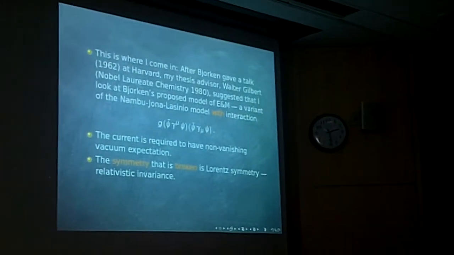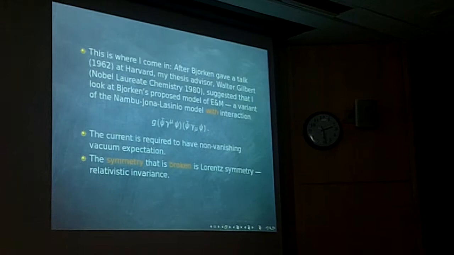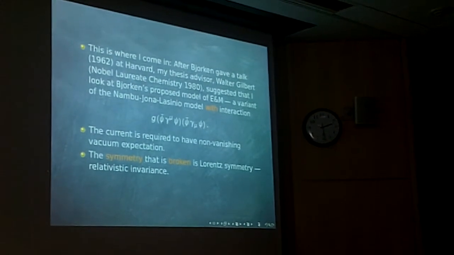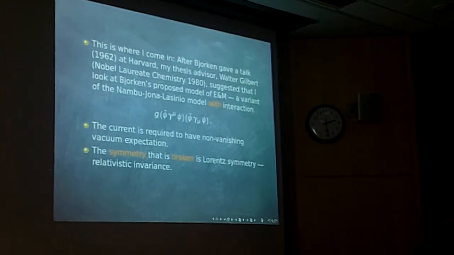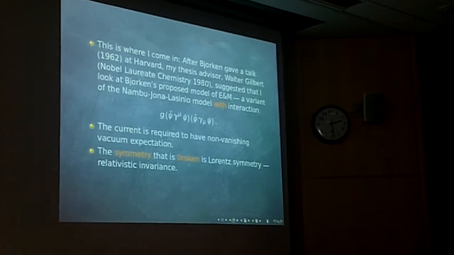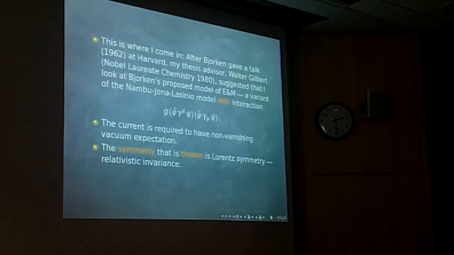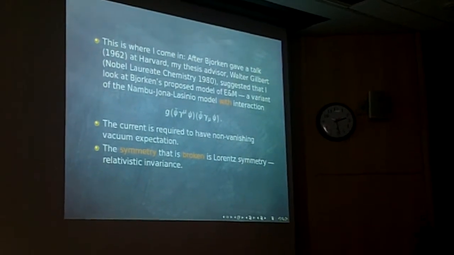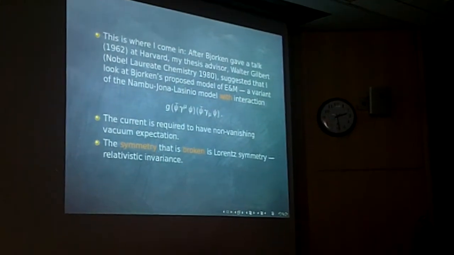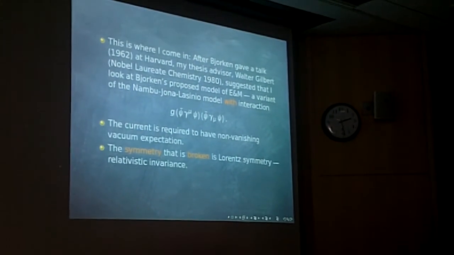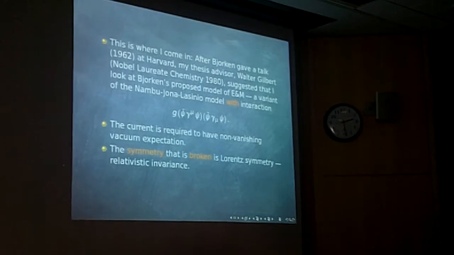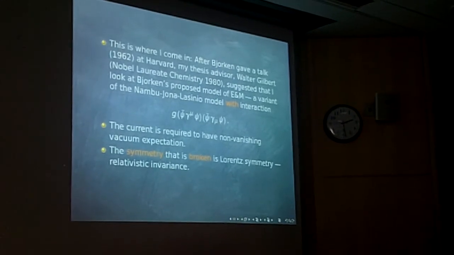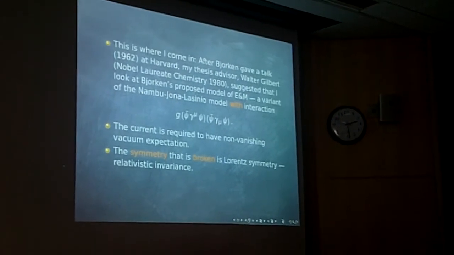And that's very interesting. I was a graduate student at Harvard, and Derek Kane came to give a talk, and he talked about a model which was a generalization, or a different version, of the Nambu-Jona-Lasinio model, a coupling of 4 fermions through an interaction that made it look like the coupling of 2 currents, beginning to look a little bit like weak interactions.